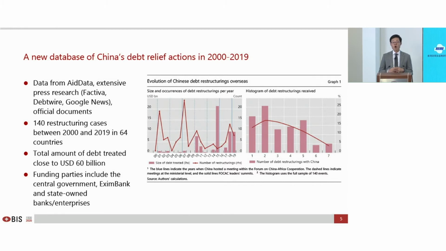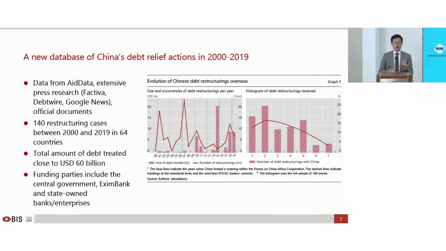To give you an overview of our data set, you can look at the graph on the right-hand side of the screen. The first graph shows the evolution of debt restructurings provided by China in the past 2 decades, both in terms of occurrences, which is the line, and in terms of the size of debt treated, represented in bars.